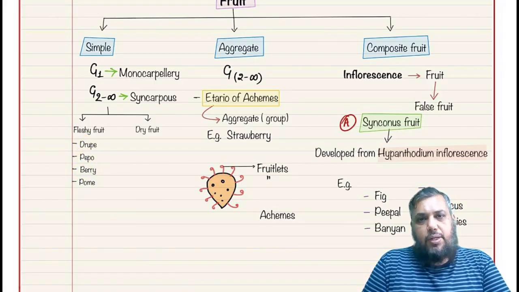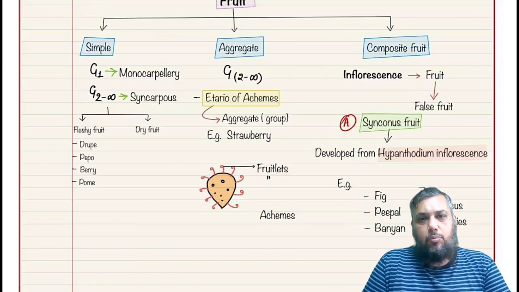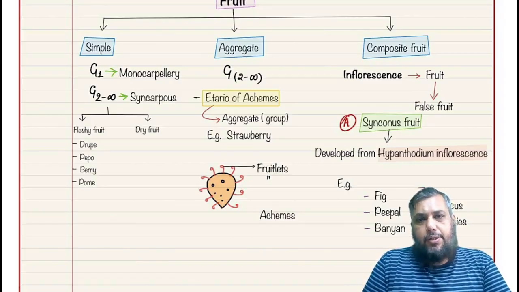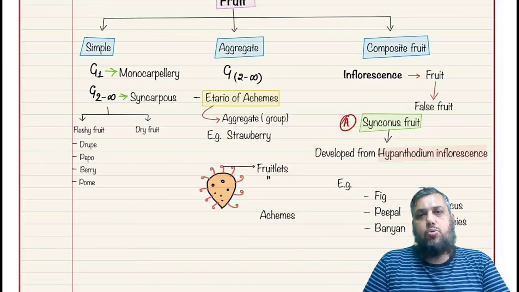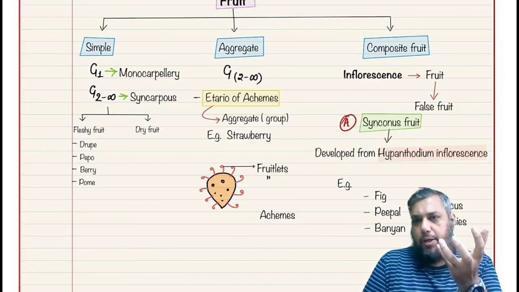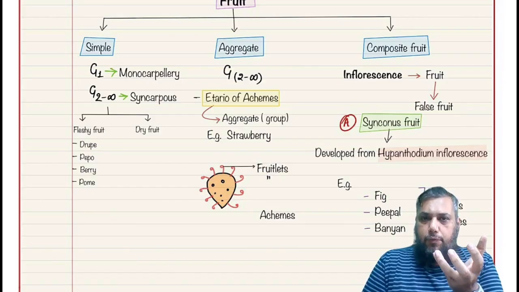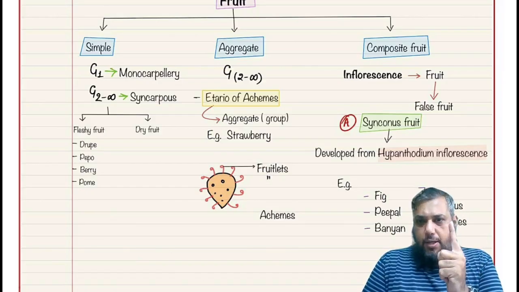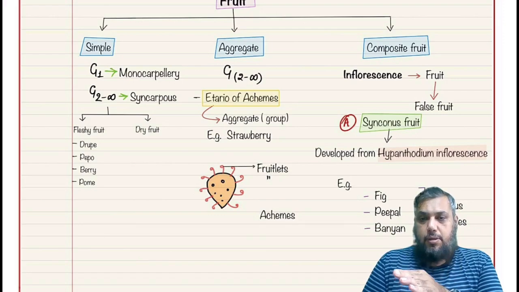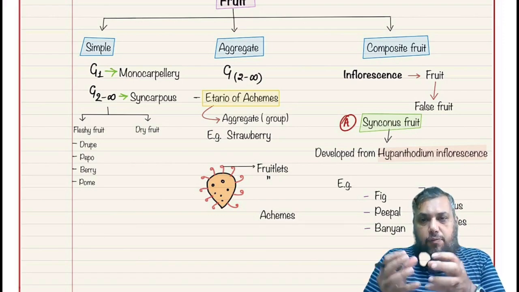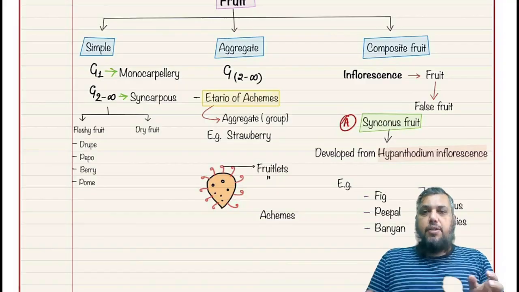The second type of fruit is an aggregate. Aggregate मतलब group, जहां पे it is a polycarpellary apocarpous gynoecium. मतलब एक फ्रूट है, वो फ्रूट एक ही फ्लावर से आया है, लेकिन वो जो फ्लावर था उसके अंदर बहुत सारे कार्पेल्स थे, और ये जितने भी कार्पेल्स थे ये एक दूसरे के साथ फ्यूज नहीं थे, फ्री थे.